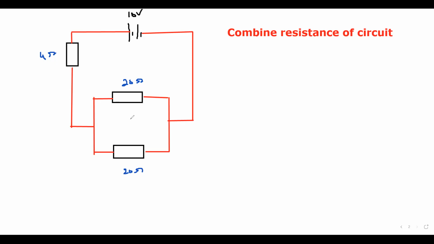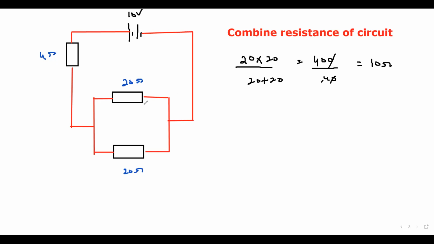They are in parallel, so it will be product divided by sum: 20 multiplied by 20 divided by 20 plus 20. 20 multiplied by 20 is 400, and 20 plus 20 is 40, so this will come out as 10 ohm. The combined resistance of these two is 10 ohm.